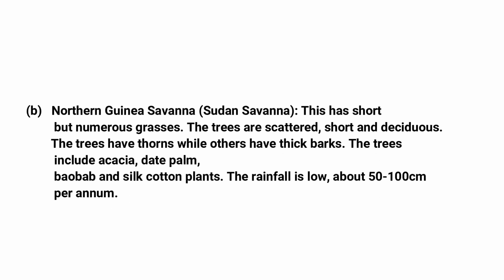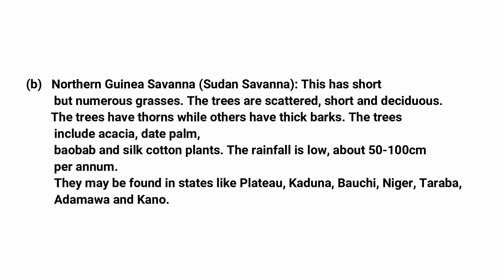2. Northern Guinea savanna. We can also call it Sudan savanna. This has short but numerous grasses. The trees are scattered, short and deciduous. The trees have thorns while others have thick bark. The trees include acacia, date palm, baobab, and silk cotton plants.